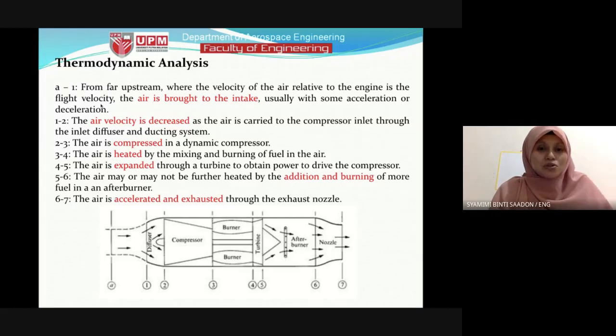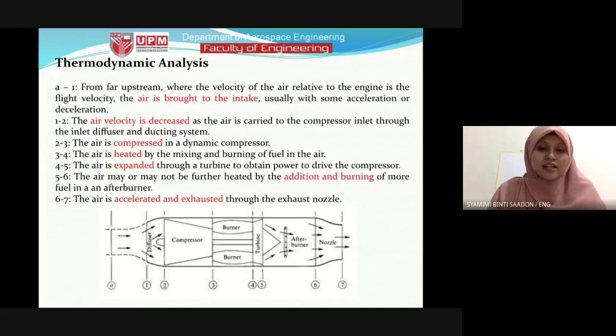So the process, the thermodynamic analysis: from ambient to the intake at point 1 of the diffuser, from far upstream in the environment, the velocity of the air is what we call the flight velocity.